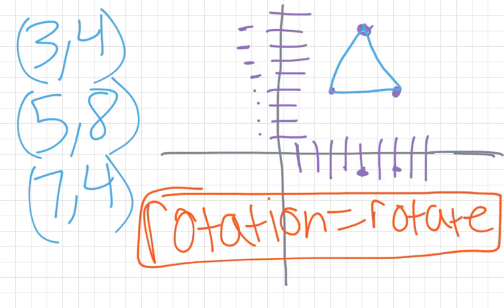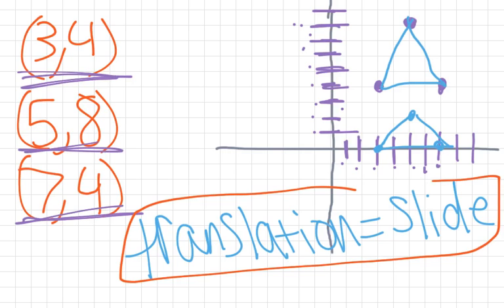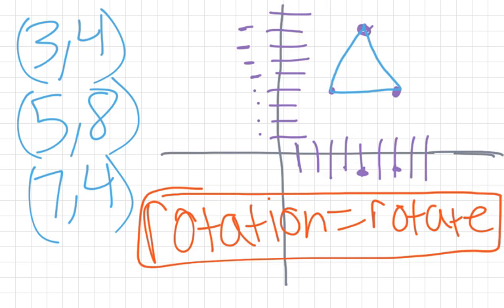Okie dokie. Oh, really quick before I forget, I also want you to put this right where you put the rotation. Okay? The translation equals slide. Okay, you good? Awesome.